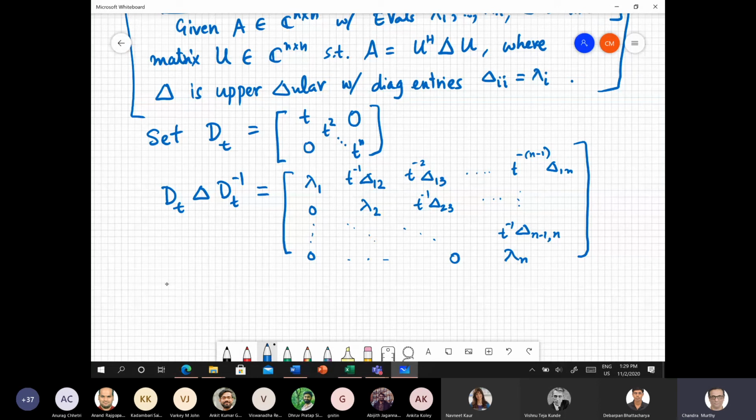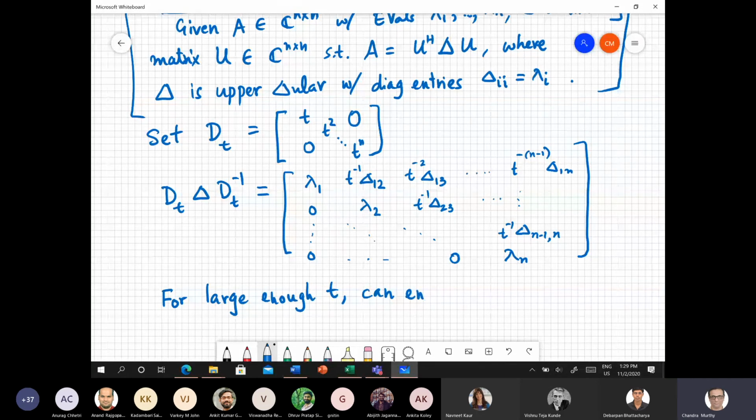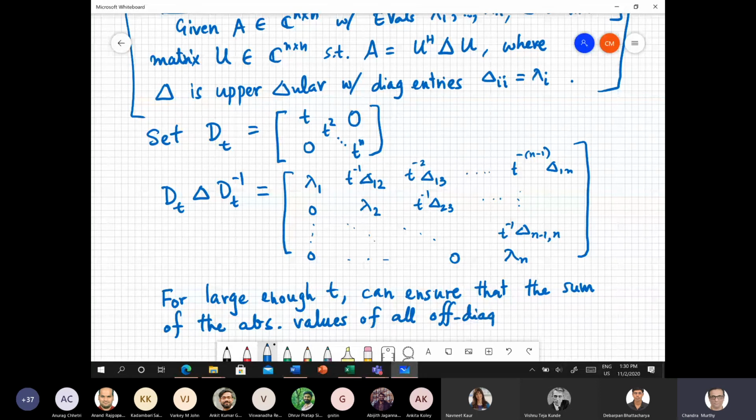So for large enough t, we can ensure that the sum of the absolute values of all off diagonal terms is less than or equal to epsilon.